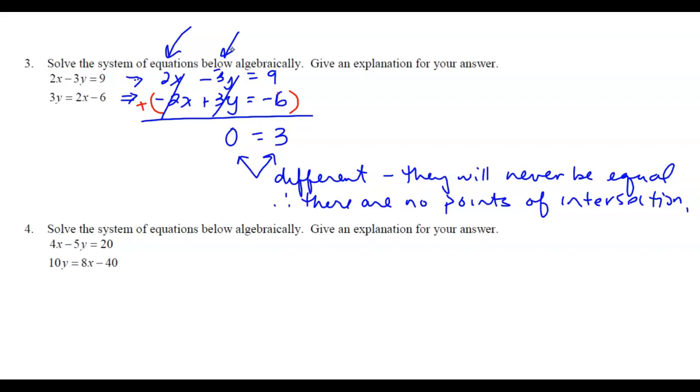Okay, so similarly for the next one, let's see what happens here. The first one, I'm going to leave it in that order. Alpha order. I'm going to bring the x over for the other equation.